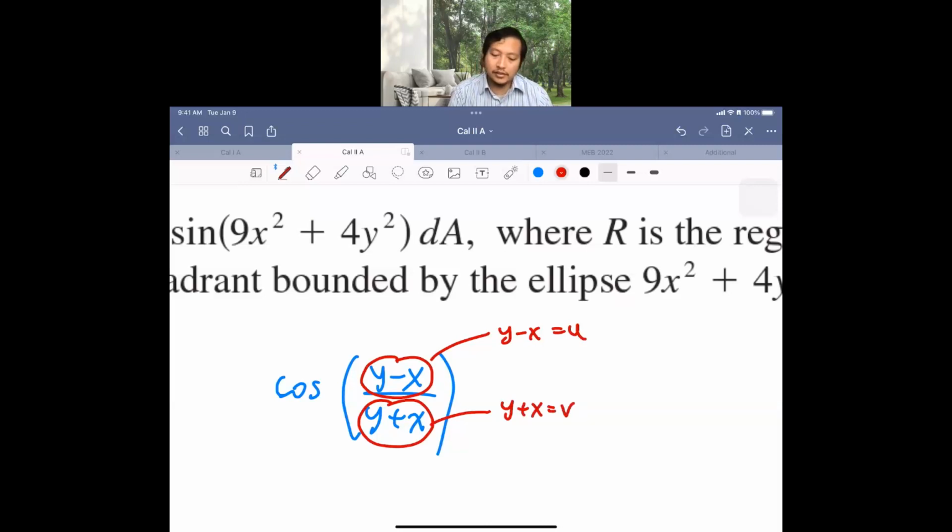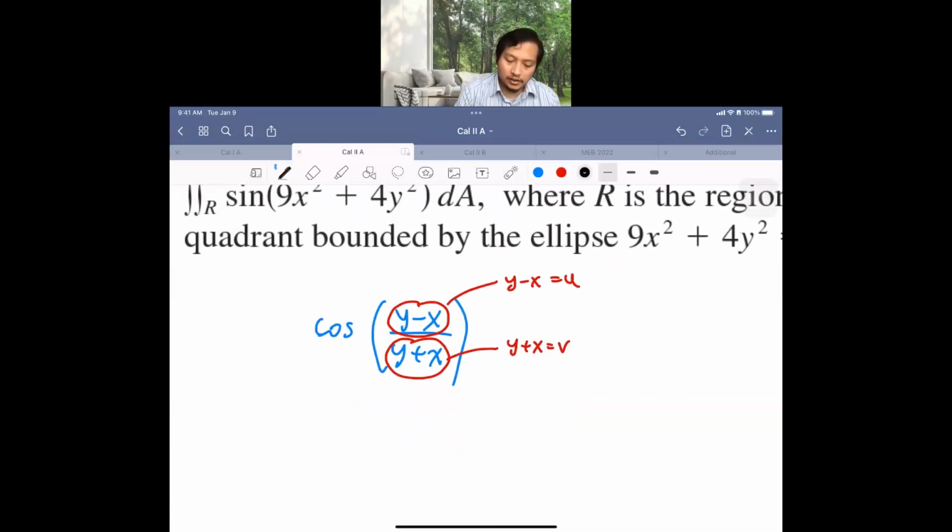So let y minus x become u and y plus x become v, and we need to take these two equations into x as a function of u and v, and y as a function of u and v, to make our transformation.